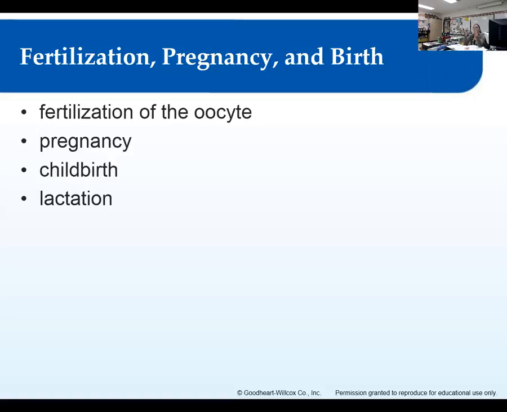is that, so let's say we'll take May, for example. So let's say May 18th is the day of ovulation for a female. That means, okay, so sperm can live up to 5 days in a female reproductive tract.